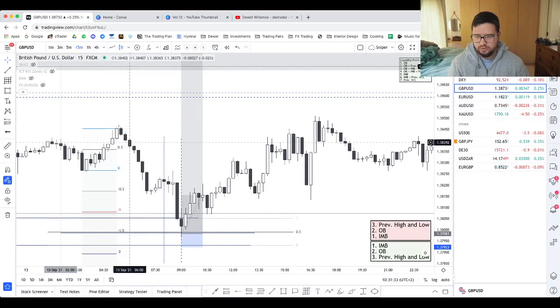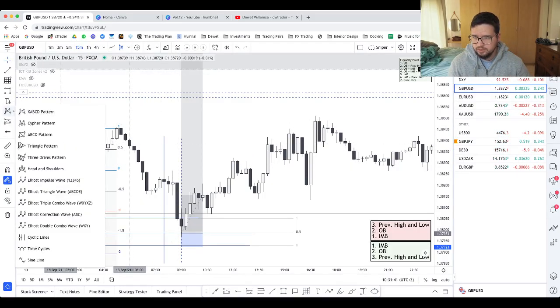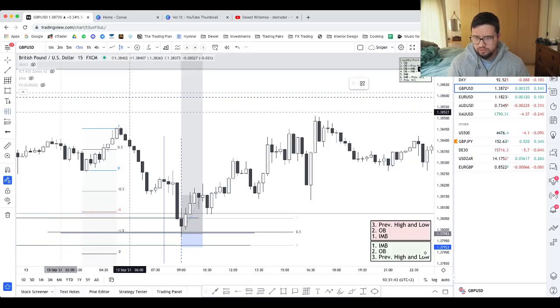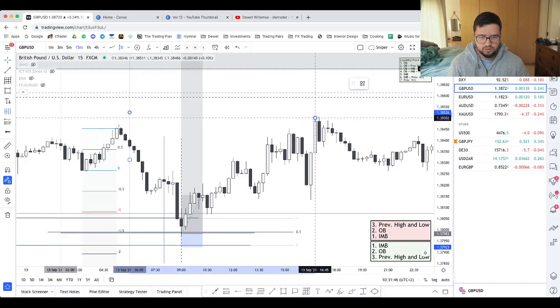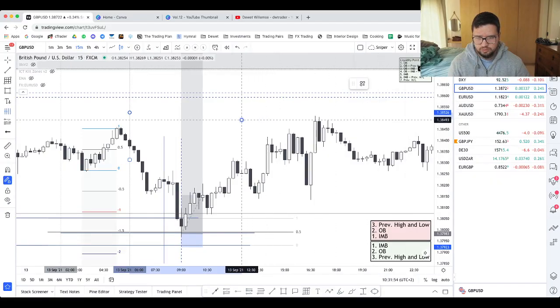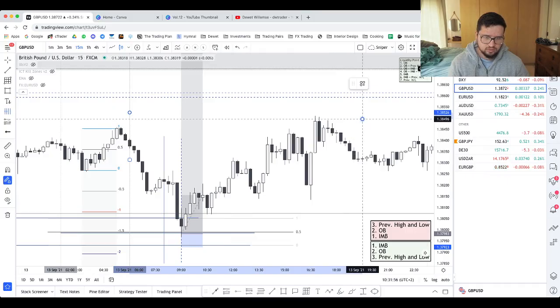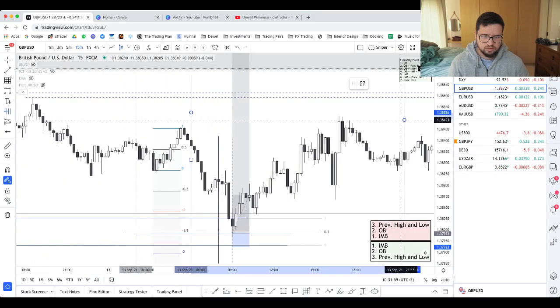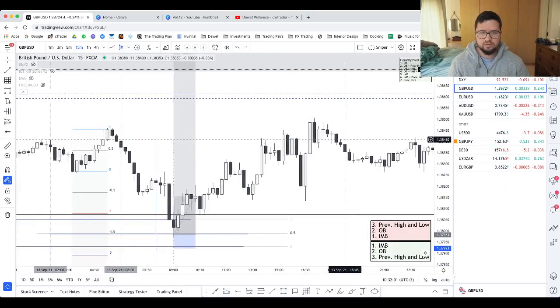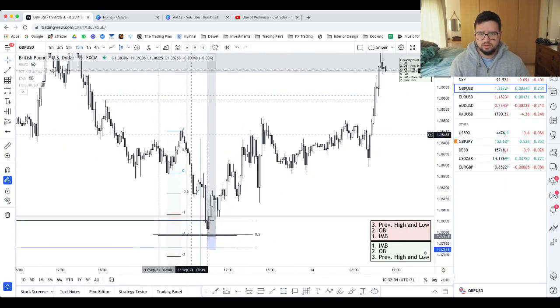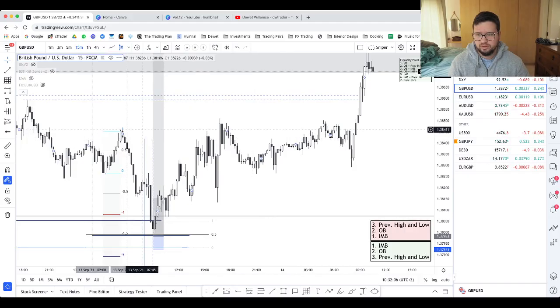So that was, I'm just going to put in the cyclic line so we can easily see, otherwise I'm now getting confused. Feels like it should be closer. Sorry about that.